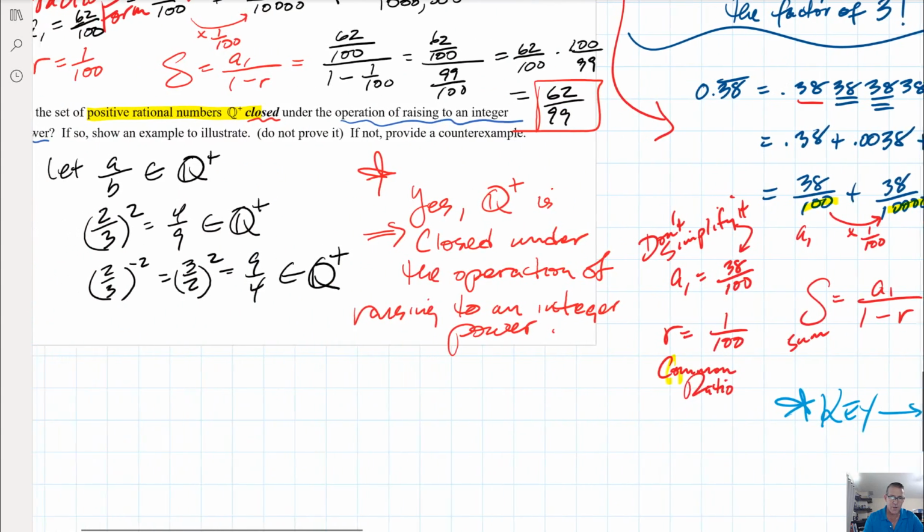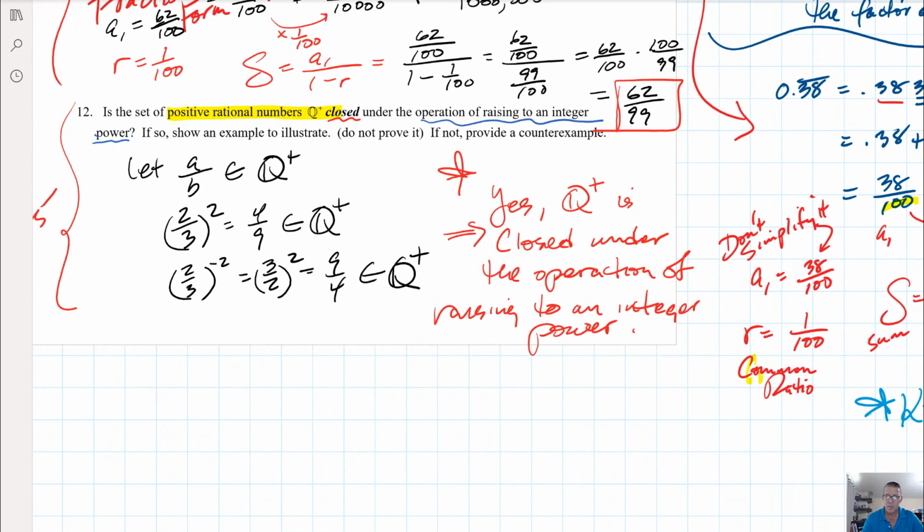All right, and the last one here is your proof. In this one, number 12, the set of positive reals closed. Actually, I changed this one on the test right here. I had you guys take a rational number and either prove that it's closed under squaring or cubing. So I'm going to change the proof.